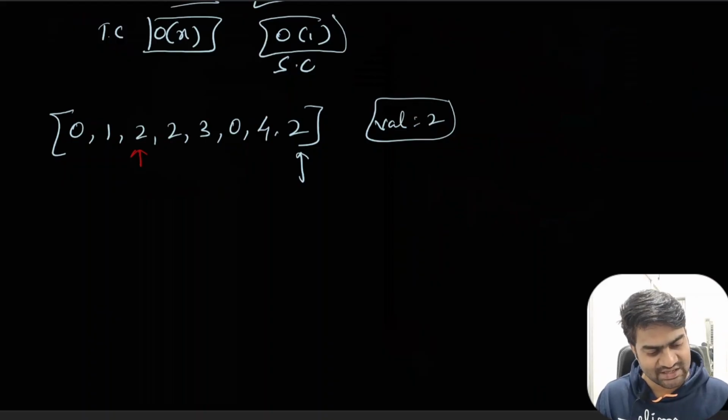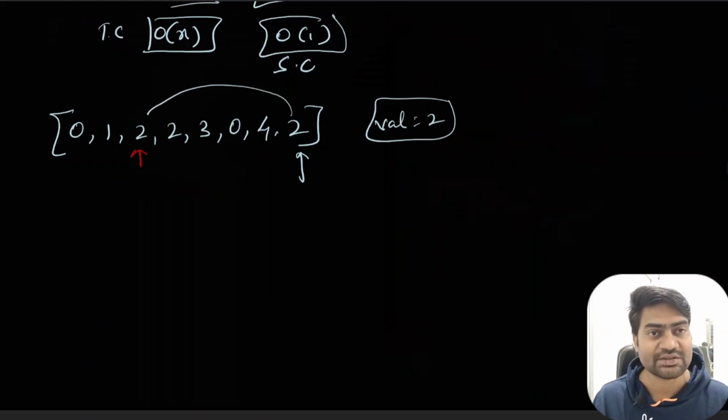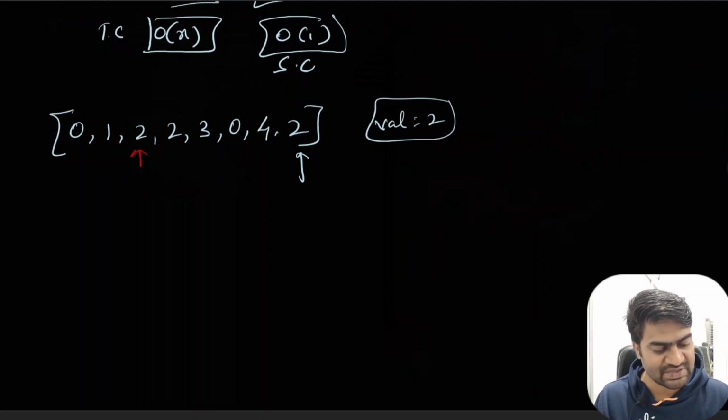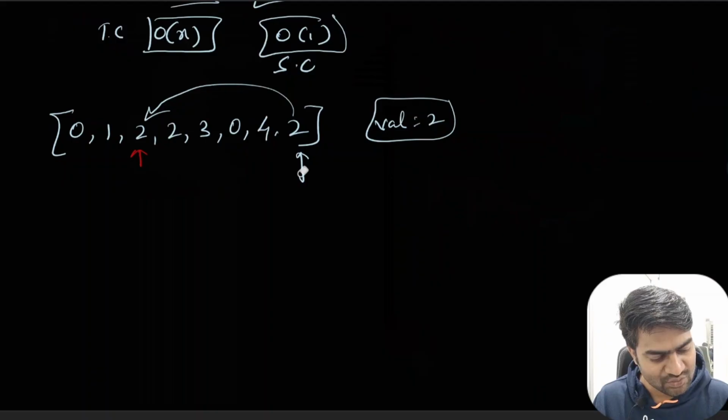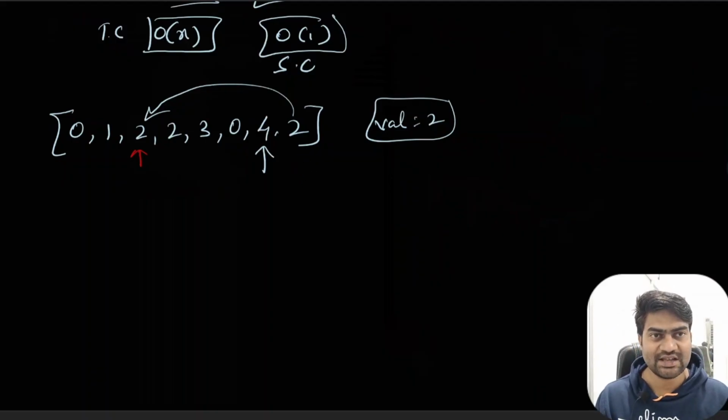So I will use that technique. So now what I will do, I will move this here. So since it is 2, there is nothing to copy. Move in the sense, basically I'm trying to copy this value from here to here. Okay. So since it is 2, anyhow, this is done. Now I will have to move this pointer towards left. That way I'm shrinking the size of the array.